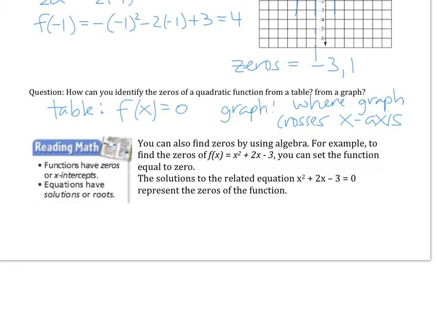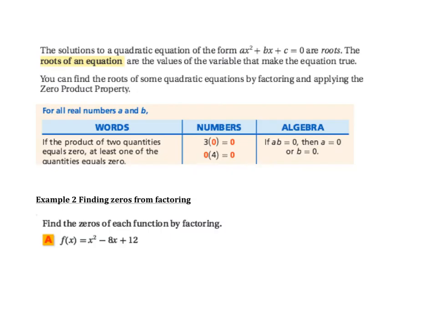Okay, so we can also find zeros using algebra. So if we have f of x equals x squared plus 2x minus 3, we can set the function equal to 0, and then solve that algebraically by factoring, or, as in a later section, the quadratic formula.